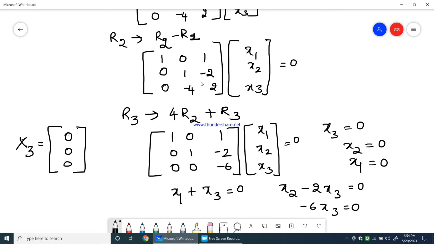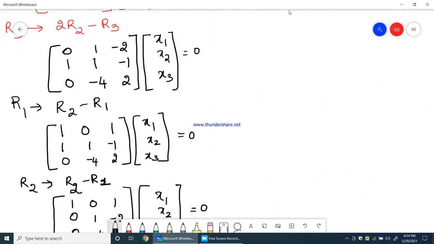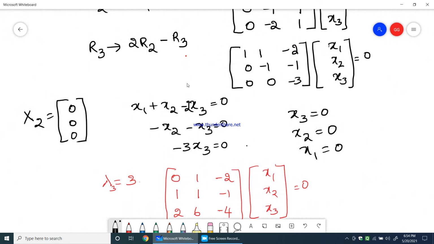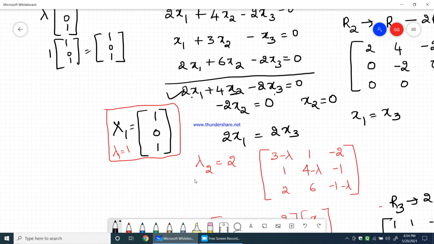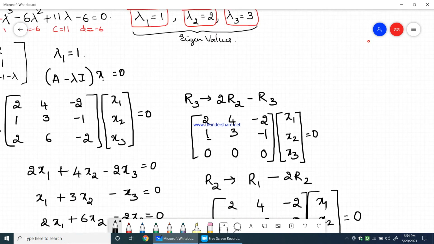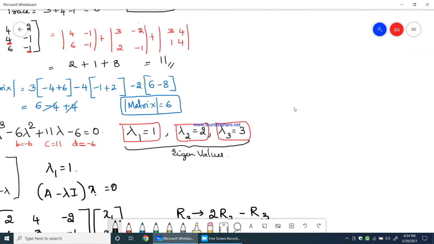Therefore, the total eigenvector whatever we got in this particular matrix is, the first one is 1, 0, 1, and other two are 0. So, therefore, I will try to write the eigenvector matrix here, which will be x equals 1, 0, 1, 0, 0, 0, 0, 0, 0.